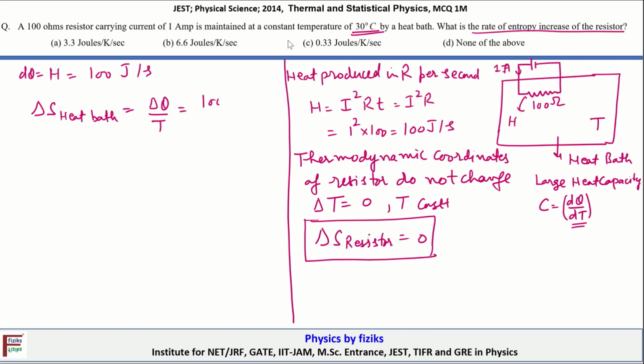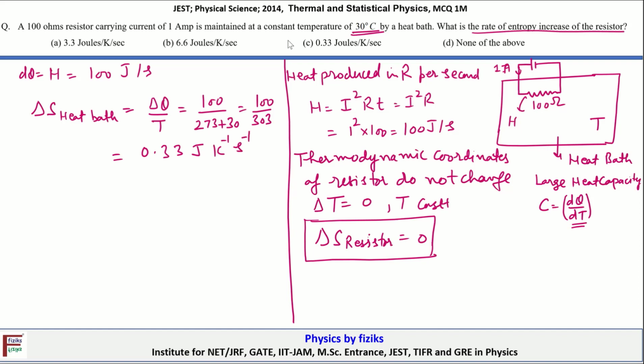So that is 100 joule per second divided by the heat bath temperature, 273 plus 30, that is 100 divided by 303, which comes out to be 0.33 joule per Kelvin per second.